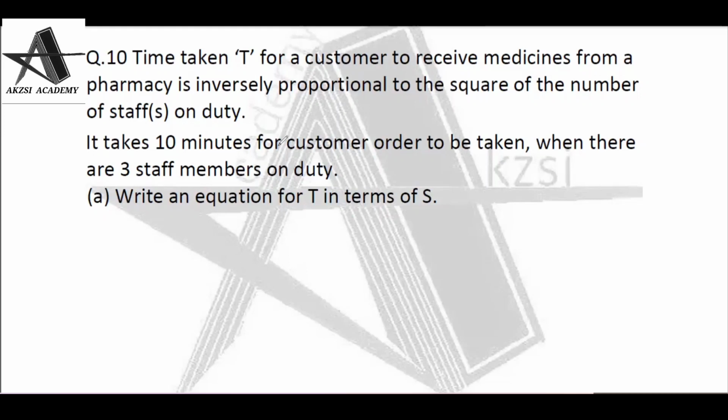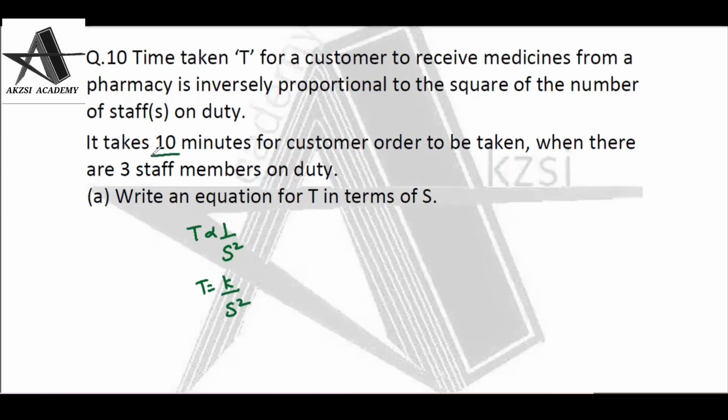So the time taken for the customer to receive the medicines from the pharmacy is inversely proportional to the square. That means T is inversely proportional to S squared. That is, S is the number of staff. Now T is equal to K by S squared. Now I need to find the value of K when T and S are given.